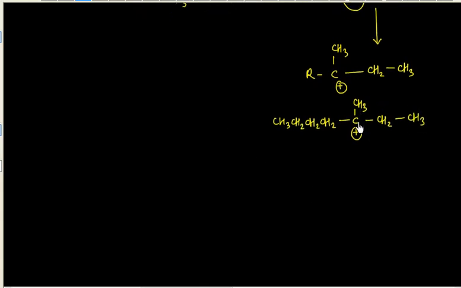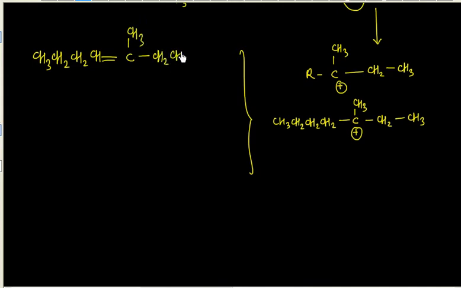If you lose H plus from this side you get one alkene, from this side another alkene, and from this side a third. So there are three possibilities, and let me write them. This is CH3 CH2 CH2 CH, let us make the bond this side, and this is CH2 CH3.